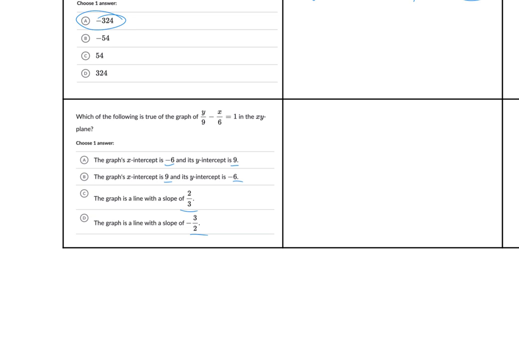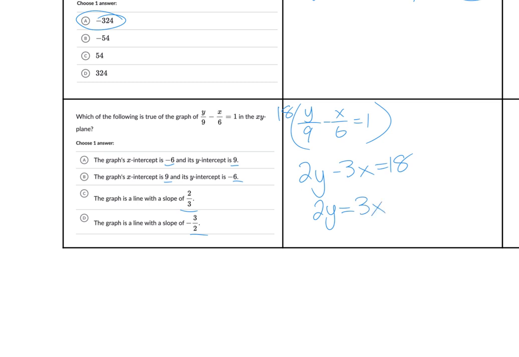One way to do this is to take this equation and multiply everything by 18, because that would give us 2y minus 3x equals 18. And then this might be easier to put in slope-intercept form, which might be helpful.